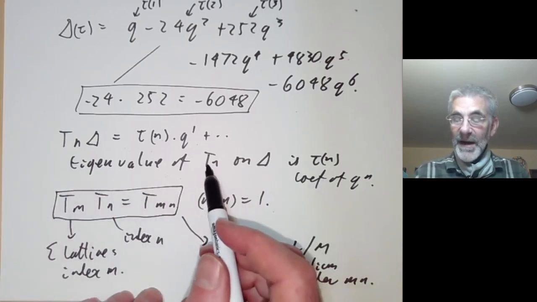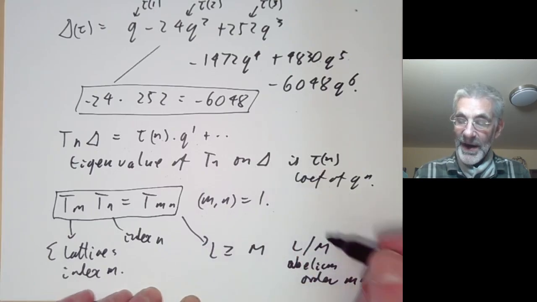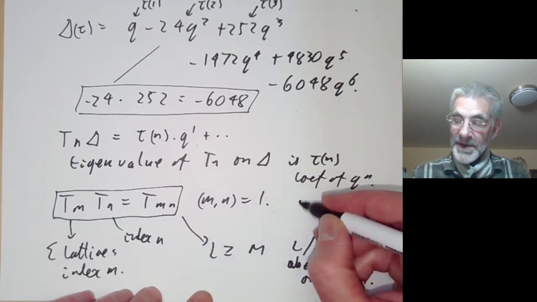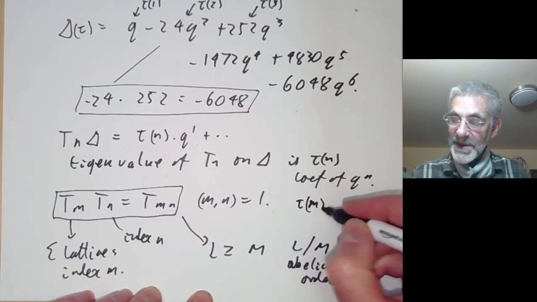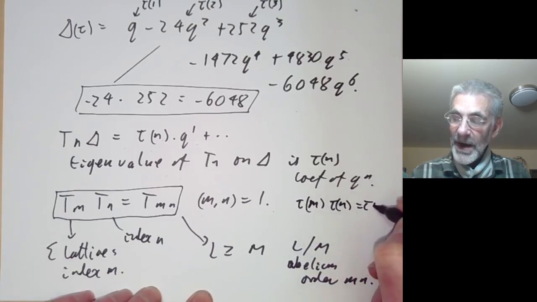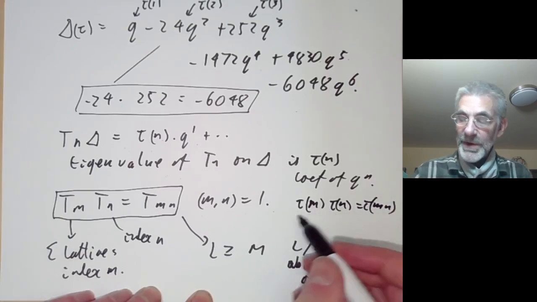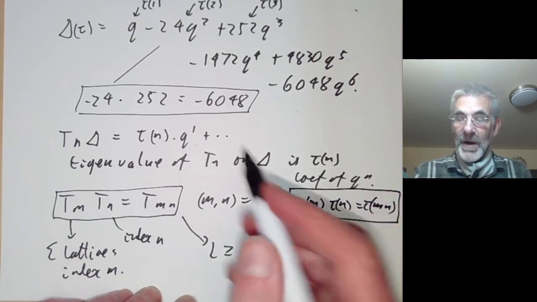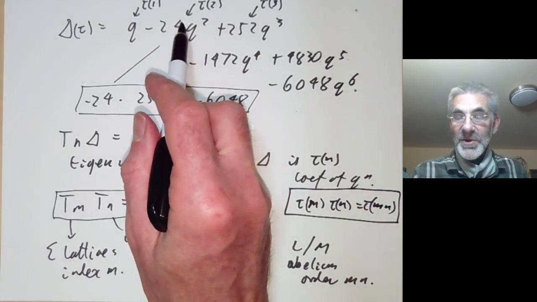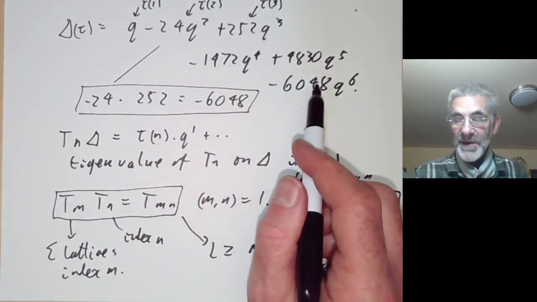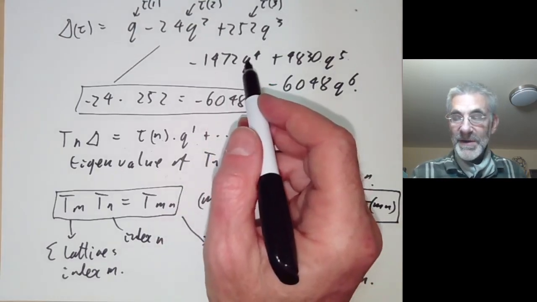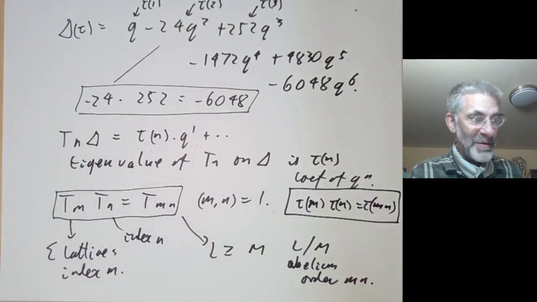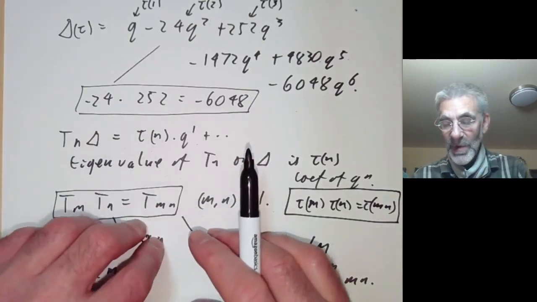And since the eigenvalue of Tn is just tau n, this immediately shows that tau m times tau n is equal to tau mn, because tau 1 is equal to 1. So this explains why tau 2 times tau 3 is equal to tau 6. Of course, you notice that tau 4 is not equal to tau 2 squared, so something a little bit more complicated is going on when m and n are not co-prime.